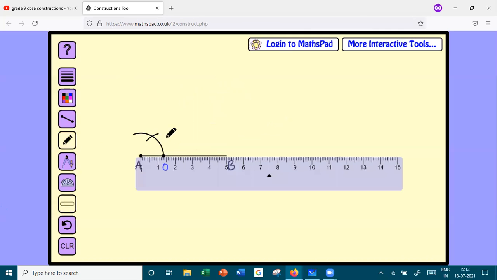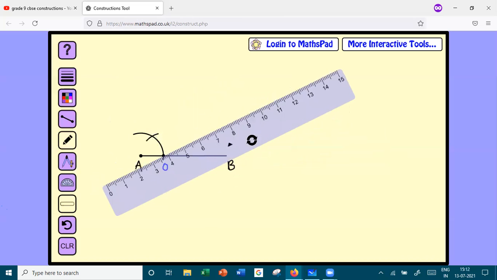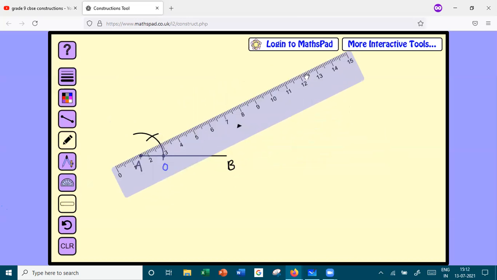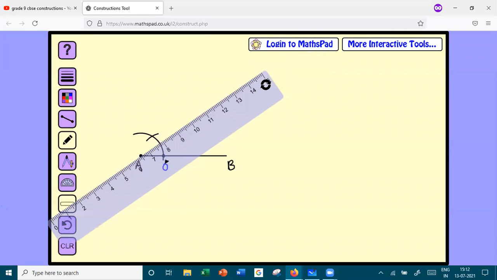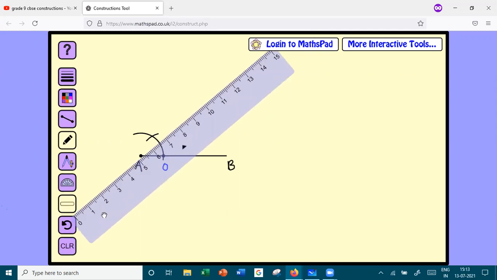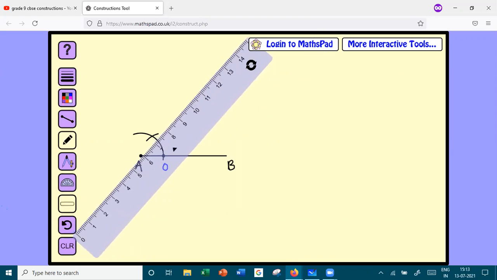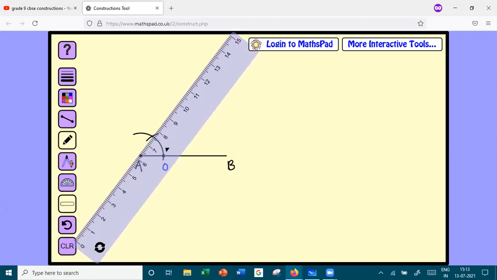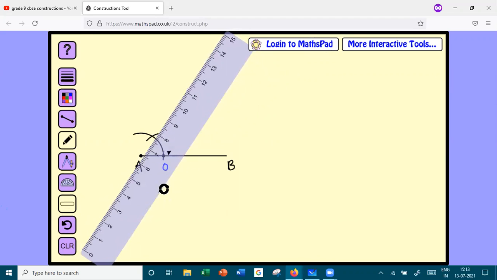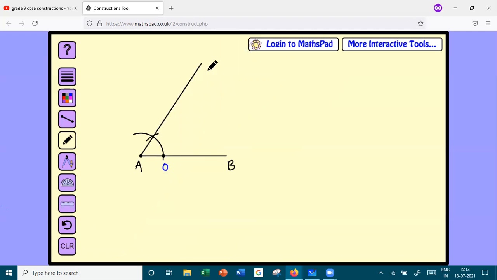Now you take your ruler, and you join the part like this, and you can label this C.